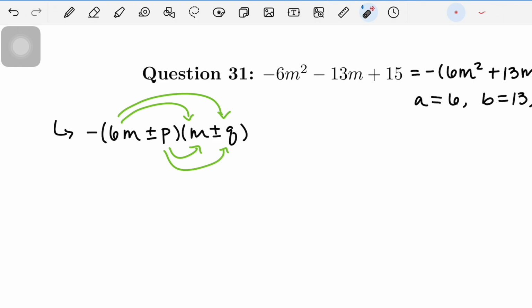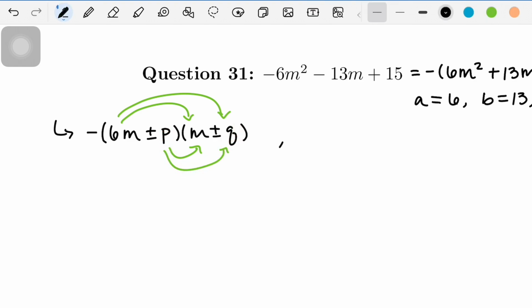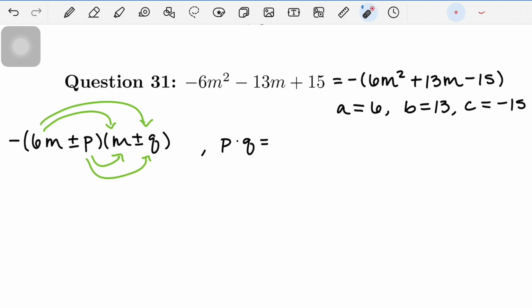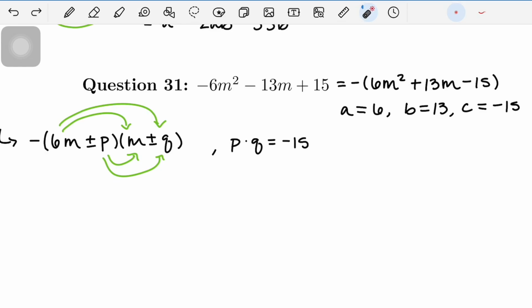The only thing we know for sure is that at the very end we multiply p and q, and that still gives us the last term in our polynomial. So multiplying them, we still need to get a minus 15. We're not sure if adding them will give us a 13 because of this extra coefficient, but we know this part still has to be true.